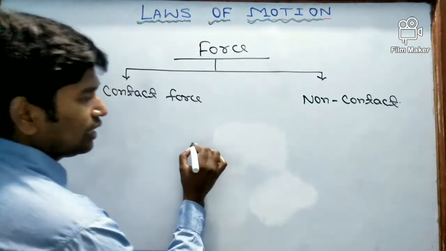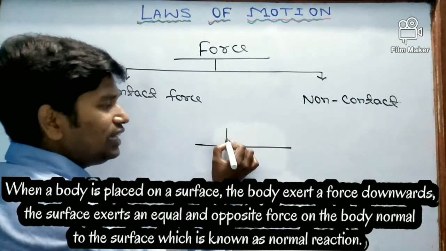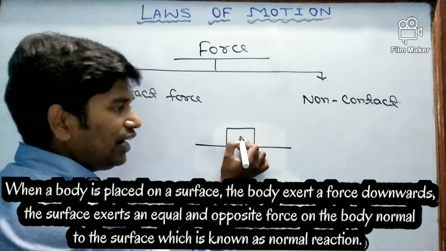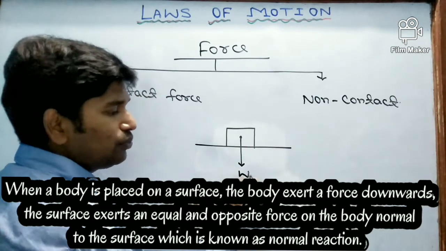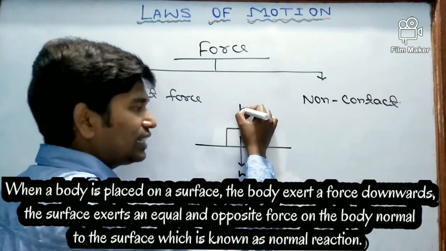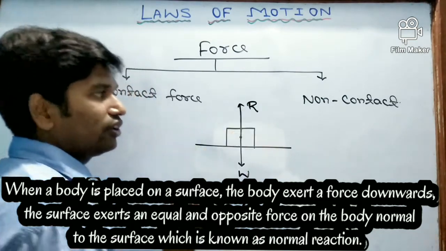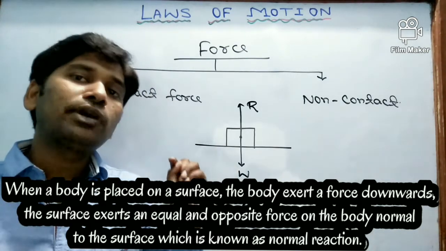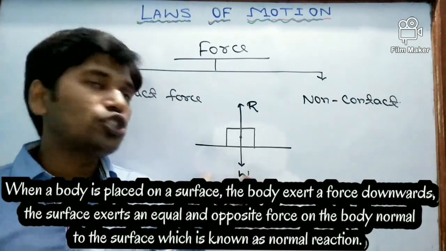If there is a horizontal surface and I keep a body on it, then the weight of the body is acting vertically downward towards the center of the earth. This weight is the action and an equal and opposite force acts normal to the surface, and this is the reaction. So normal reaction is a force which is always perpendicular to the surface and opposite to the weight of the body on a horizontal surface.